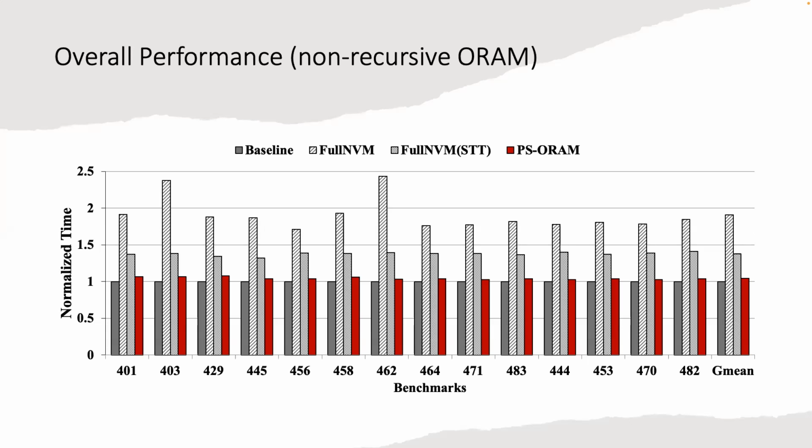It only introduced about 4.29% overhead, while the full NVM design, which represents the entire cache and on-chip buffers as well as the main memory using non-volatile memory, is going to introduce significantly higher overhead.